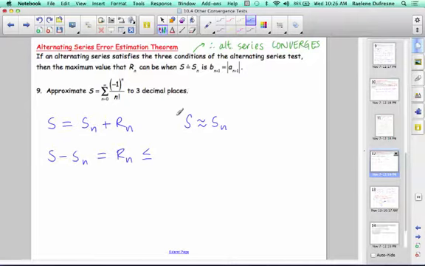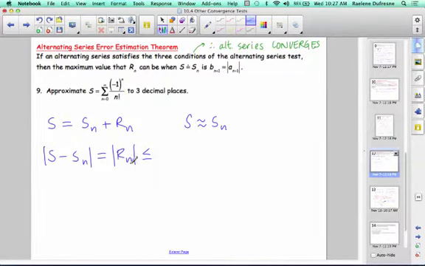Well, we do need to think about the difference. We don't know if S or Sn will be bigger. So we don't care whether Sn is bigger or smaller. So we're just going to talk about the magnitude of the error, which means the magnitude of Rn. So we don't care whether Rn is positive or negative. If Rn is positive, that means that Sn is bigger than the actual exact S value.